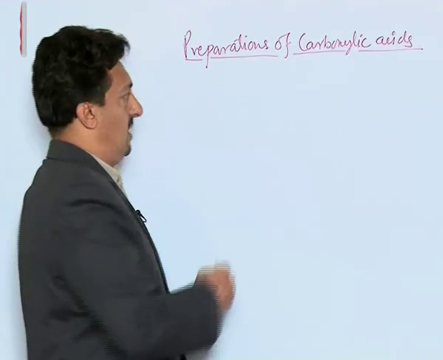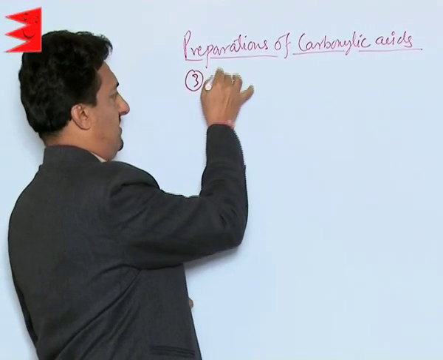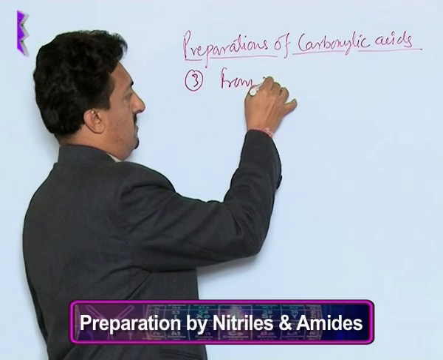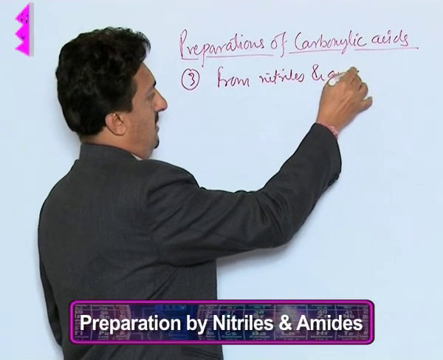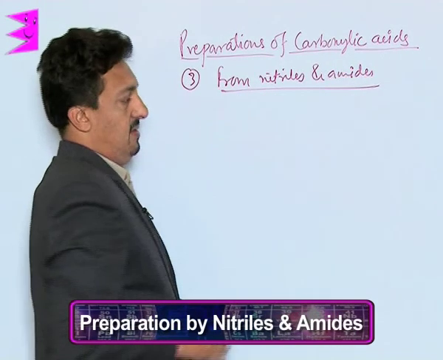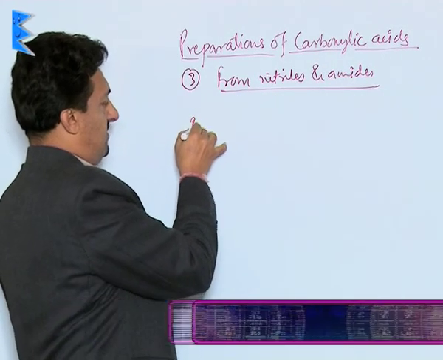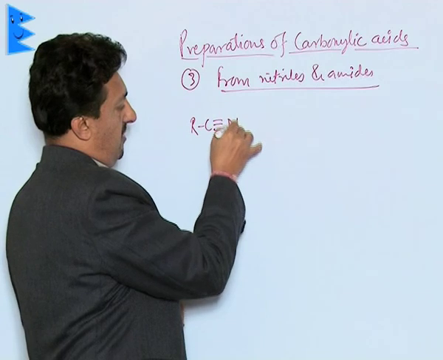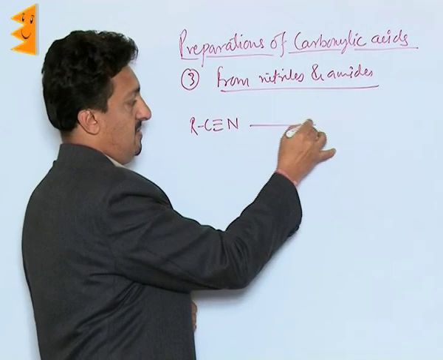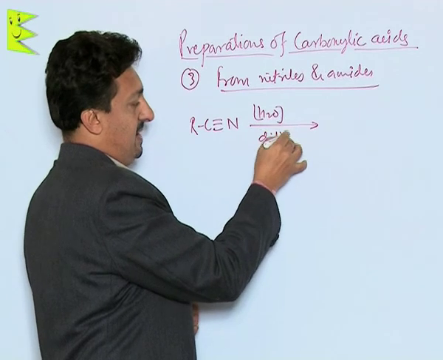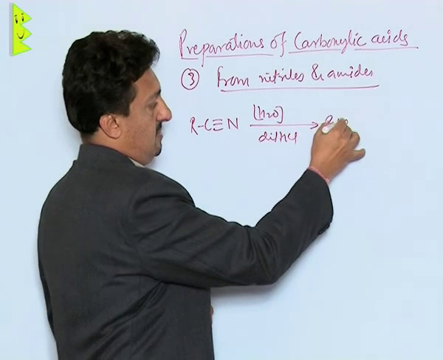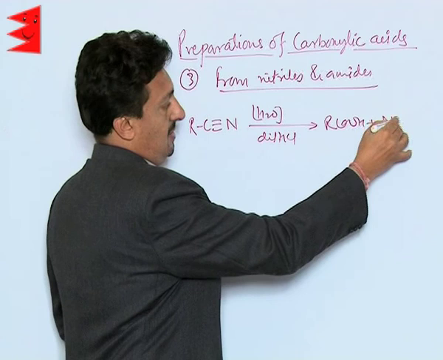The third method of preparing carboxylic acids is from nitriles and amides. Yes, cyanides can be hydrolyzed to carboxylic acid in dilute HCl, like this.